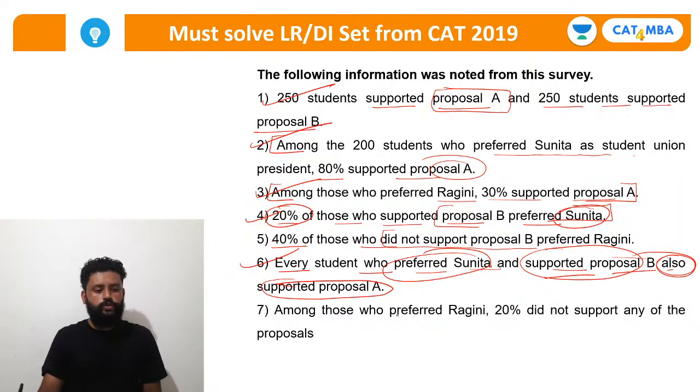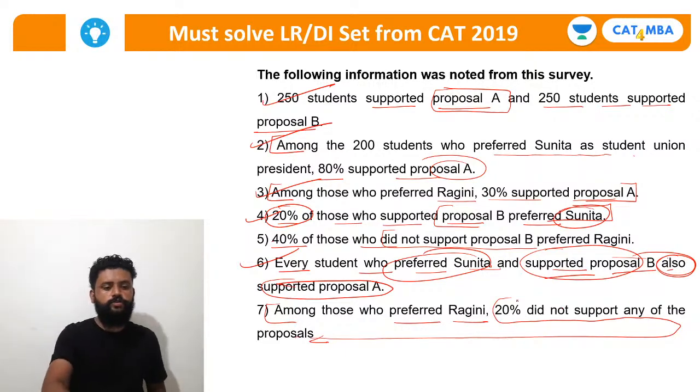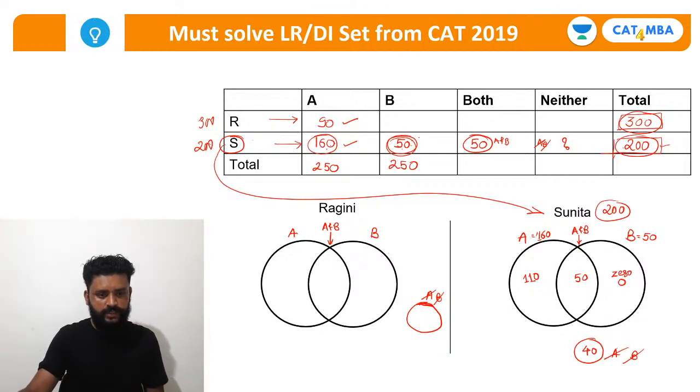Among those who preferred Ragini, 20% did not support any proposal. 20% of the students who preferred Ragini. How many people preferred Ragini? 300. What is 20% of 300? 10% is 30, 20% will be 60. Neither A nor B, these are 60 people. Are you clear about this, Nicole?